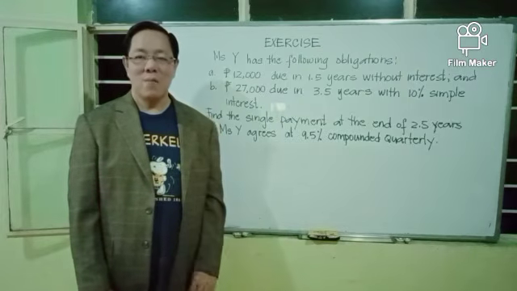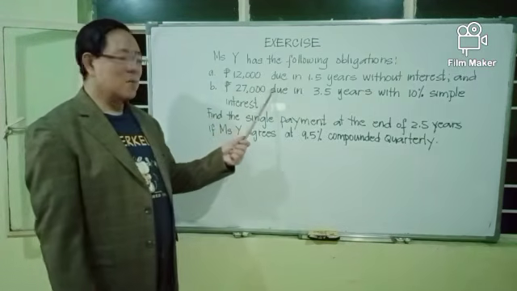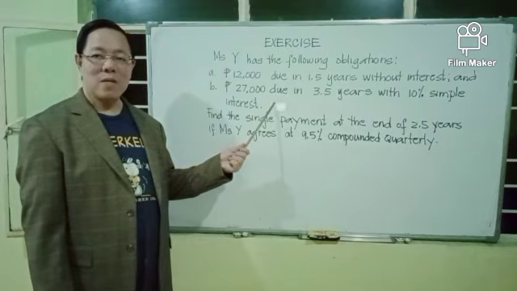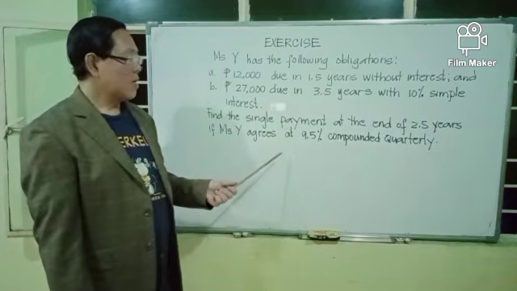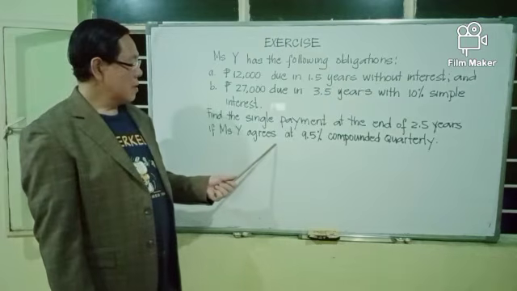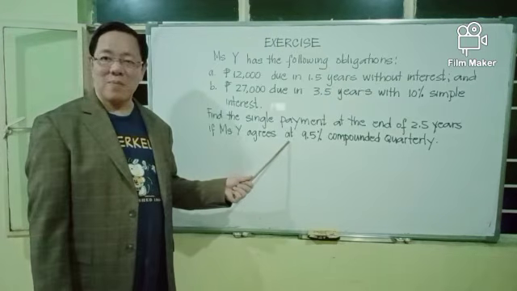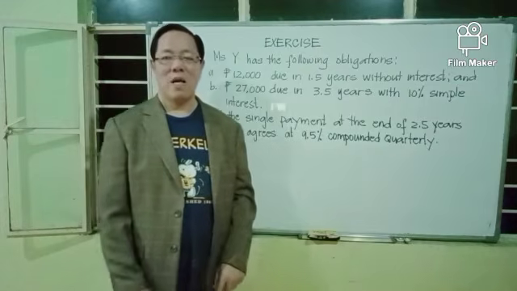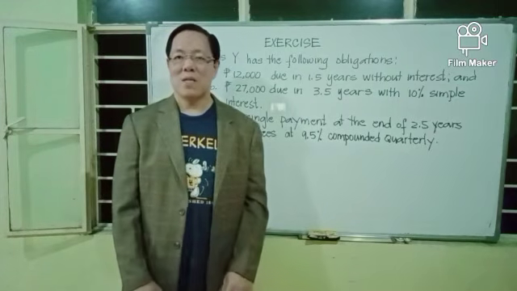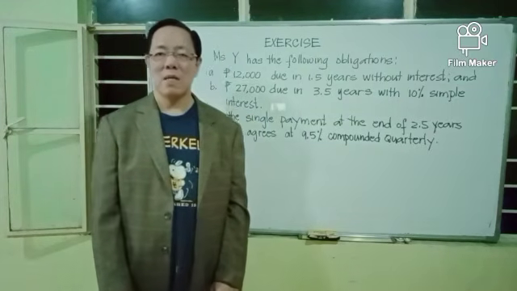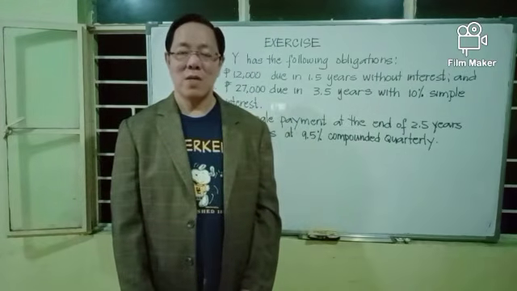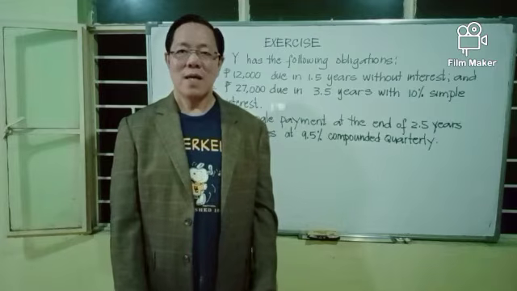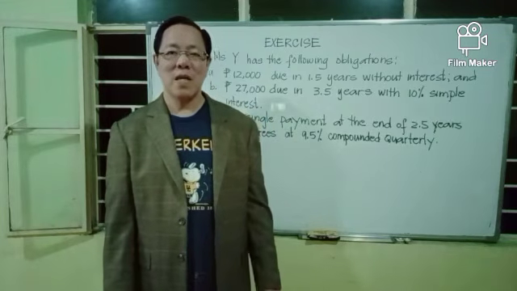And then you get the sum of the values of the maturity values of these two obligations at the comparison date and equate the sum to the value of the single payment at the same comparison date, and from that equation of value you solve for the single payment, which is represented by the variable that you will choose. And that completes our lesson for today.